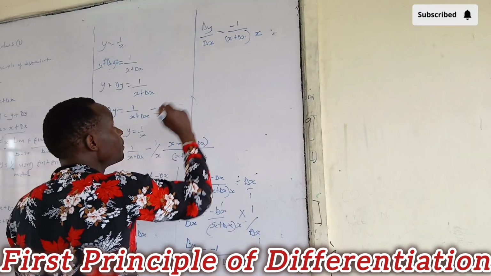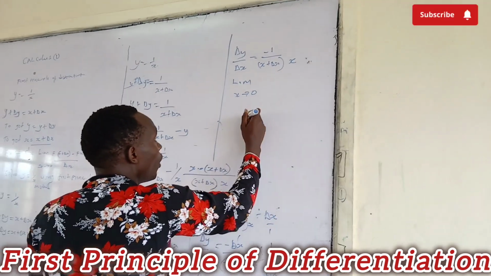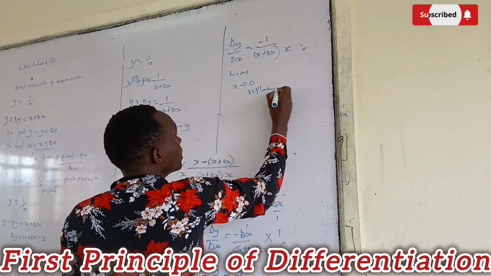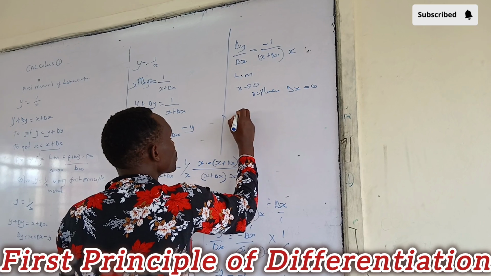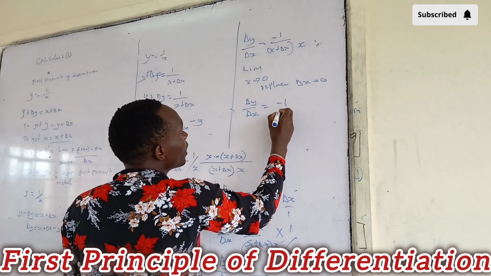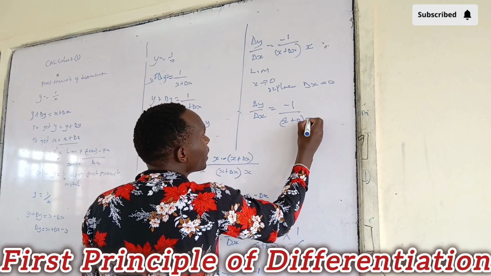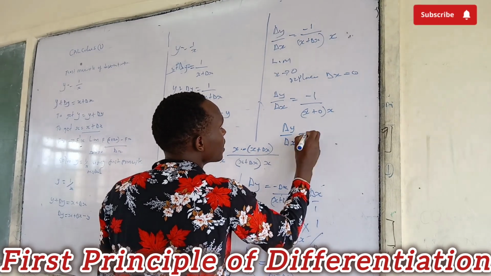Now I introduce the limit as change in x approaches 0. So replace change in x with 0. So change in y over change in x is equal to negative 1 over x plus 0, then multiply by x.